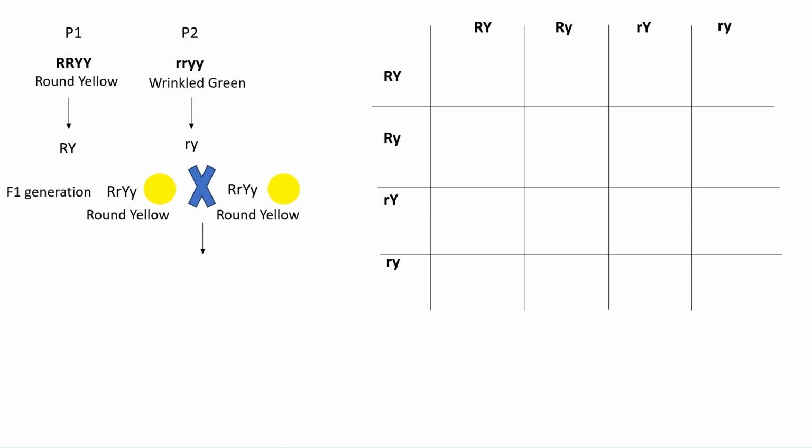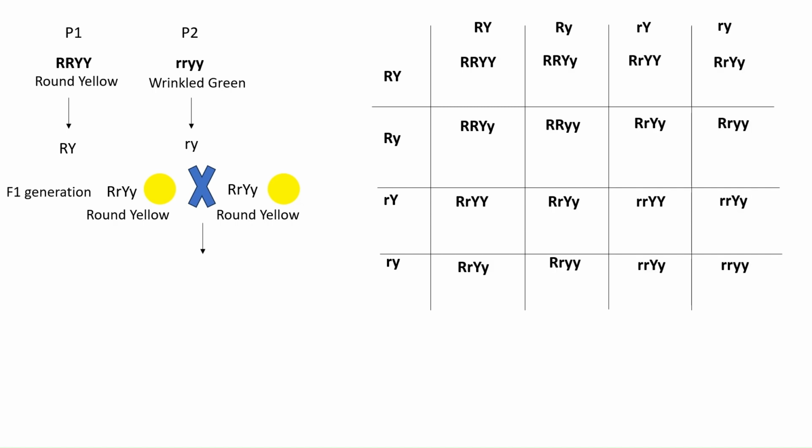Now what we have to do is make the offspring. So these will be the offspring. How? Capital R, capital Y, capital R, capital Y, so this is capital R capital Y in both. Similarly, from here capital R, again this one capital R, this is small y, again this one capital Y. So capital R, capital Y, small y.